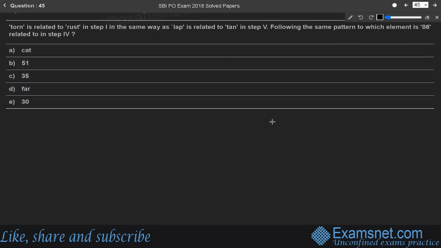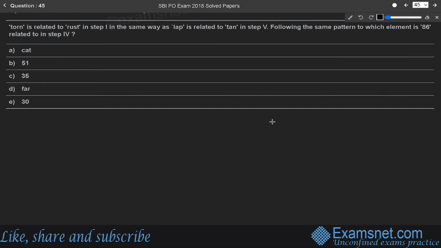Next question also has the same directions. The question is, ton is related to rust in step 1 in the same way as lap is related to tan in step 5, following the same pattern to which element is 86 related to in step 4. So, for the first step, ton is related to rust in step 1. Rust is fourth to the left of ton. And lap is related to tan in fifth step.